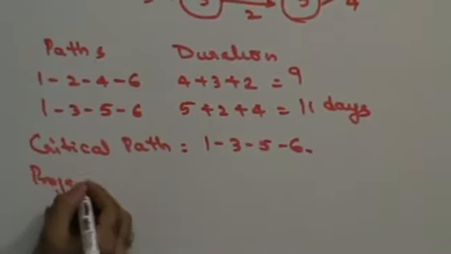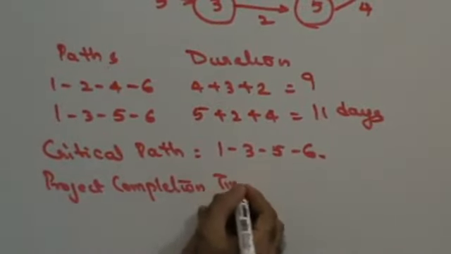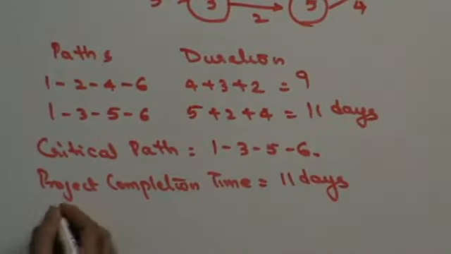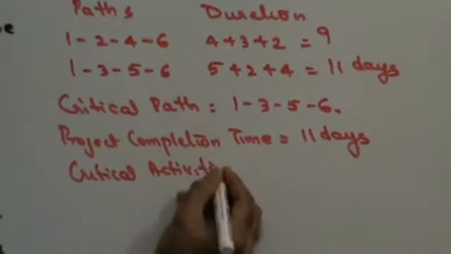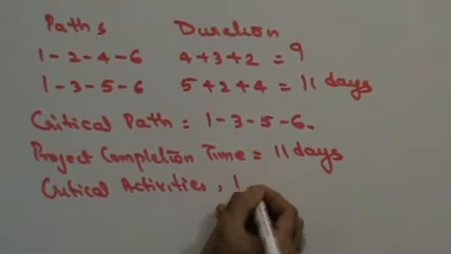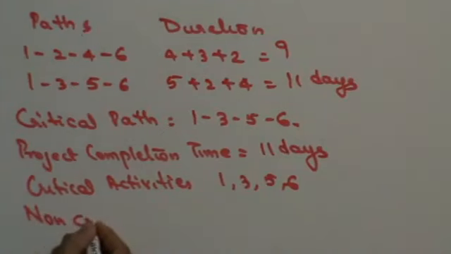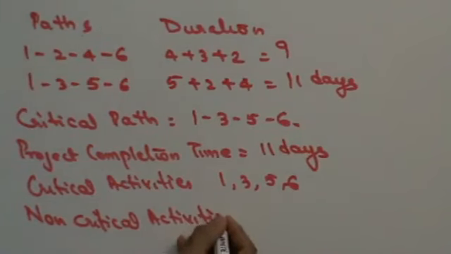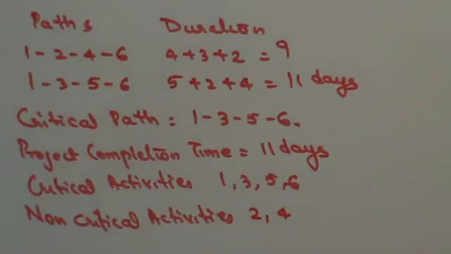Project completion time is going to be 11 days. Critical activities are 1, 3, 5 and 6. Non-critical activities are going to be 2 and 4. Right? Simple, straightforward sum.